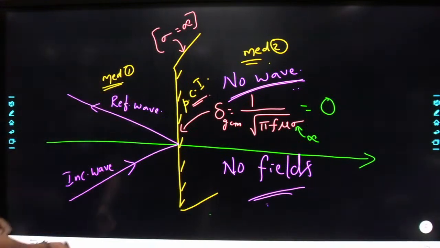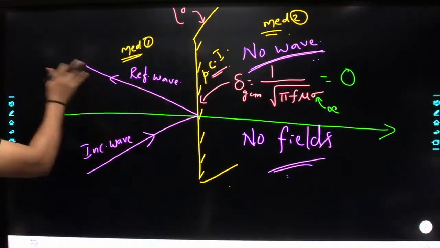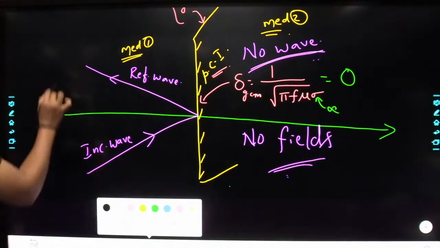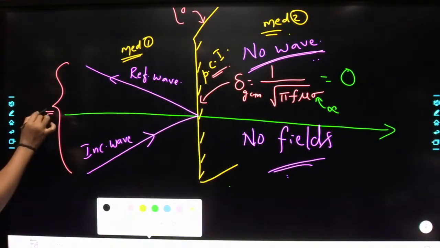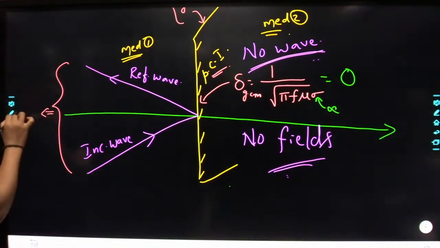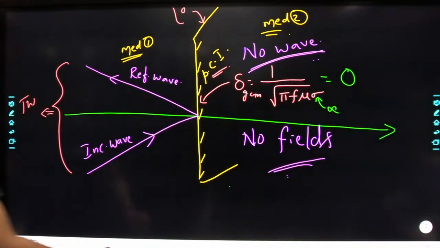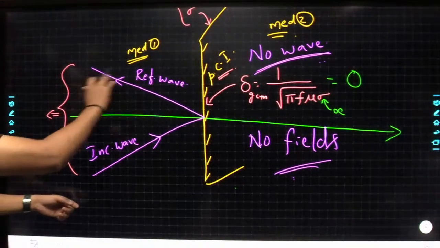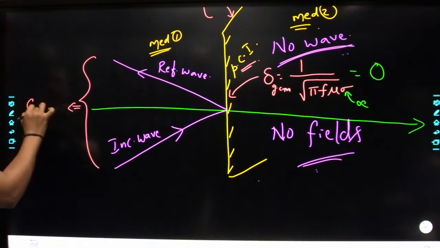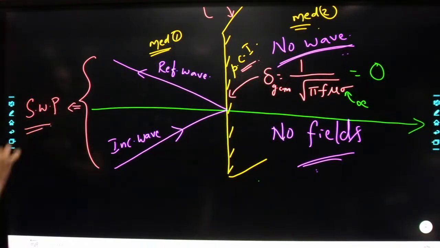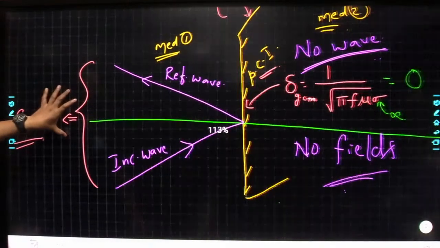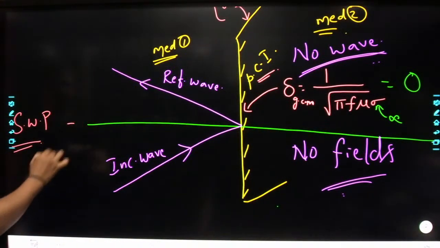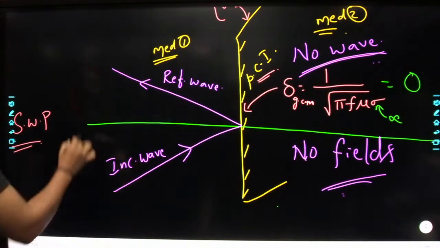In the same medium, what you are having here is the incident wave as well as the reflected wave. The superposition of this incident wave and reflected wave is going to form what? A standing wave pattern.